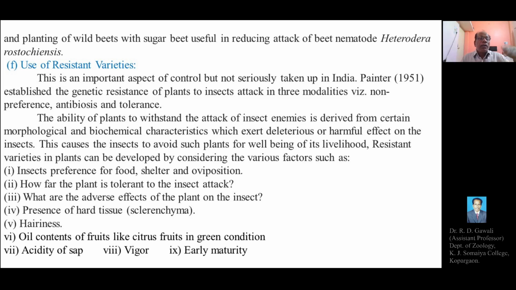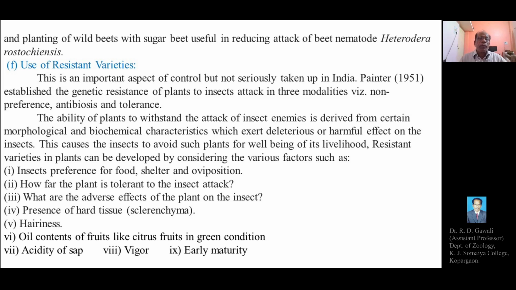So these are the different aspects or factors which can be developed or introduced in the different crop varieties: insect preference for food, shelter, and oviposition, how far the plant is tolerant to the insect attack, what are the adverse effects of the plant on the insects, presence of hard tissue, hairiness, oil contents of fruits like citrus fruits in green condition, acidity of sap, vigor, early maturity.